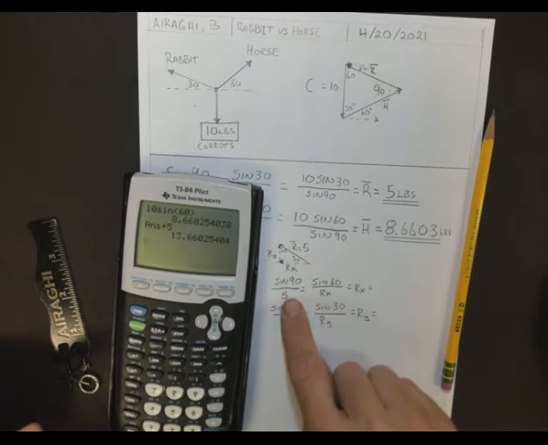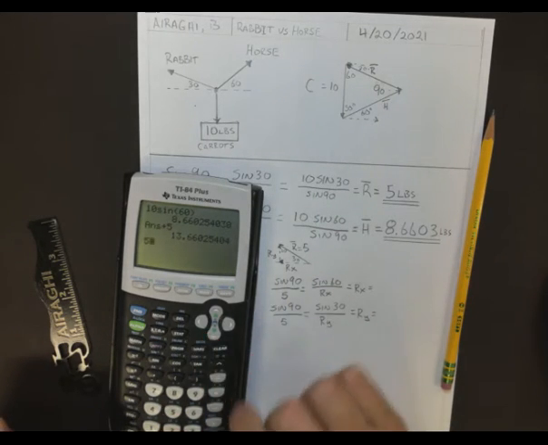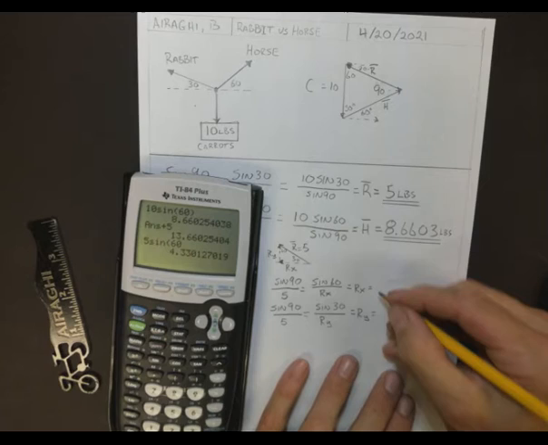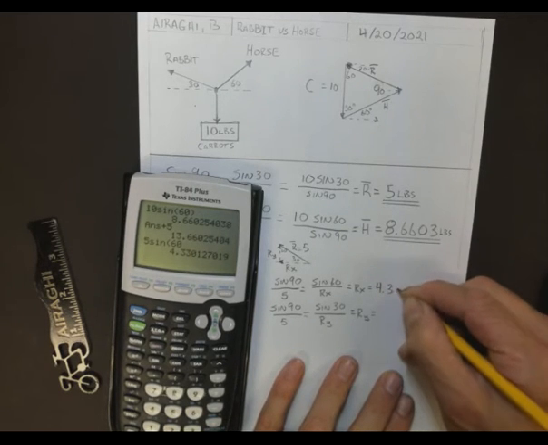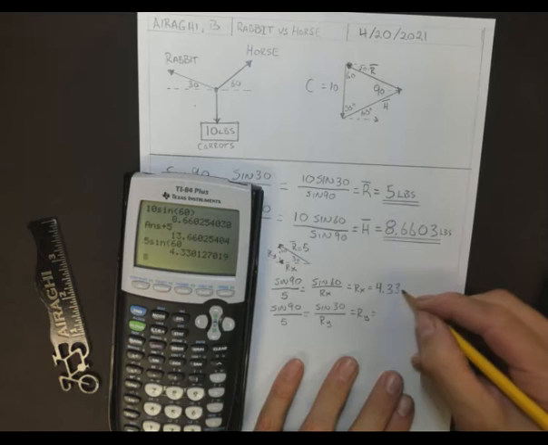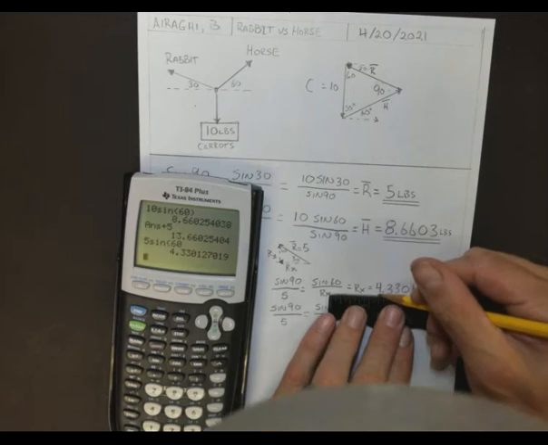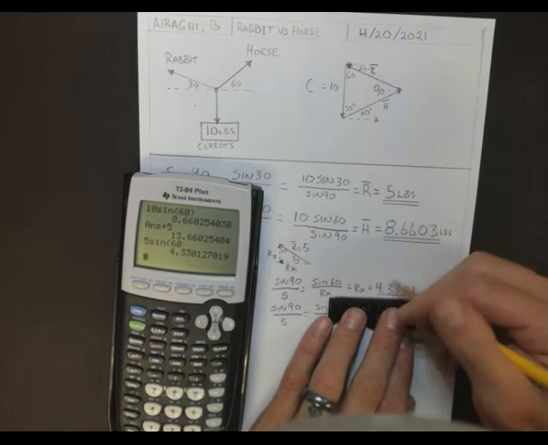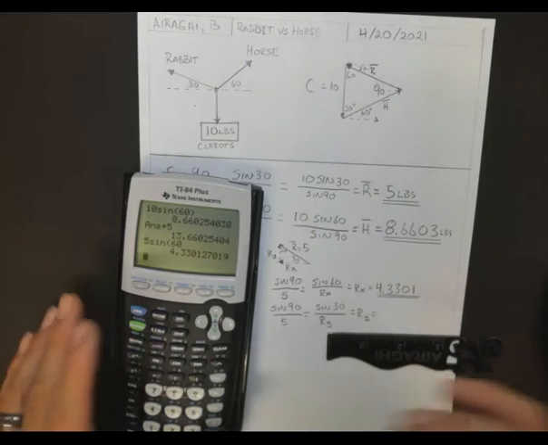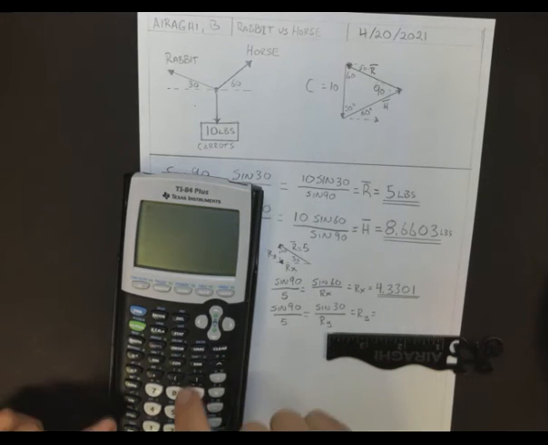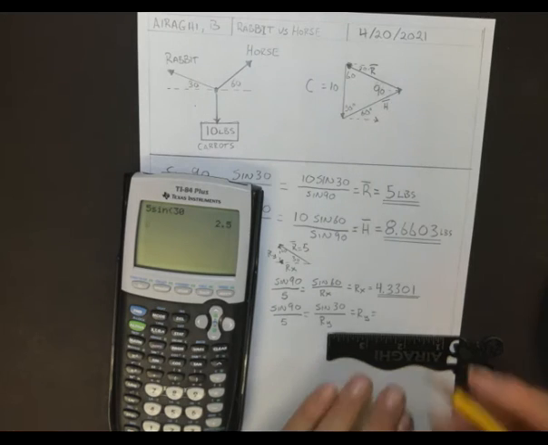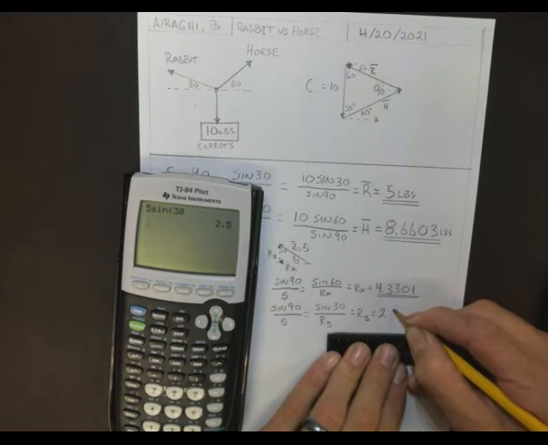So 5 sine 60 is 4.3301. And then 5 sine 30 is 2.5.